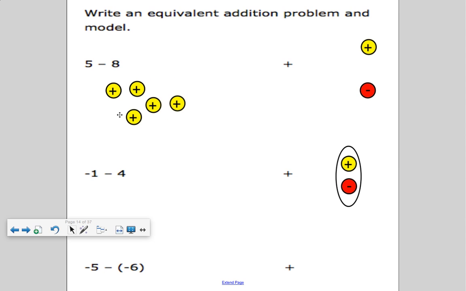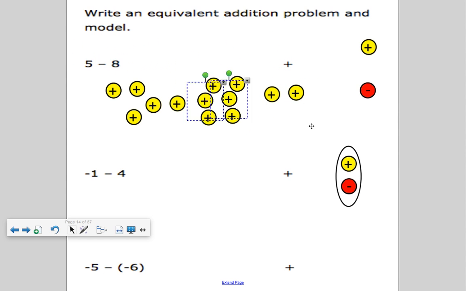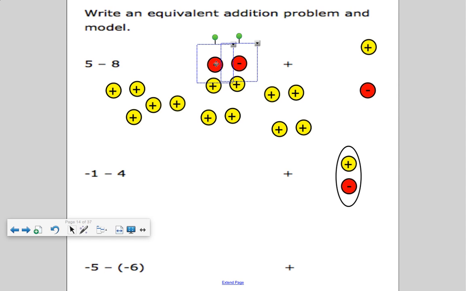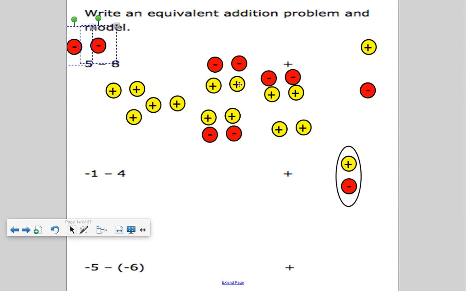I'm going to keep this. I need to take away 8 positives. I don't have enough to take it away from. So I'm going to have to draw some 0 pairs. So I'm adding 8 0 pairs to it.